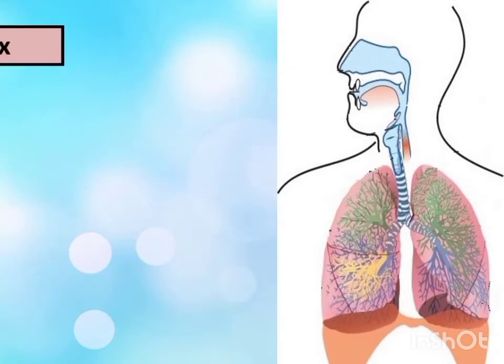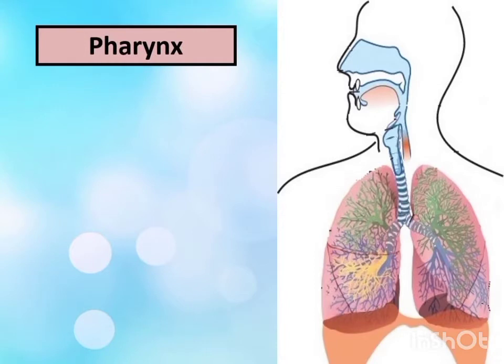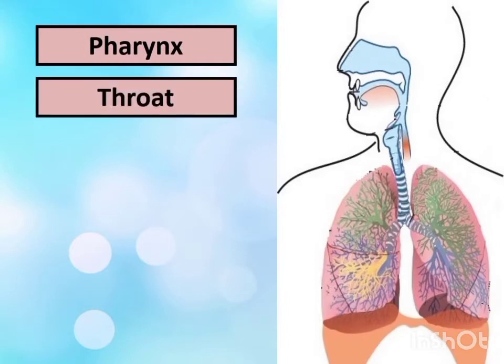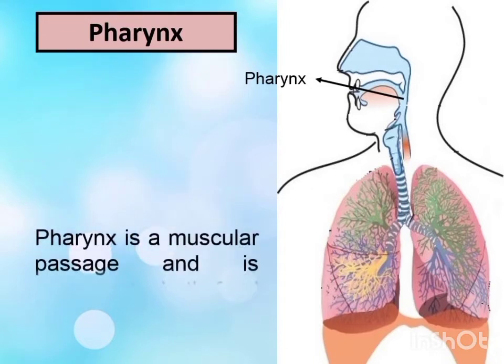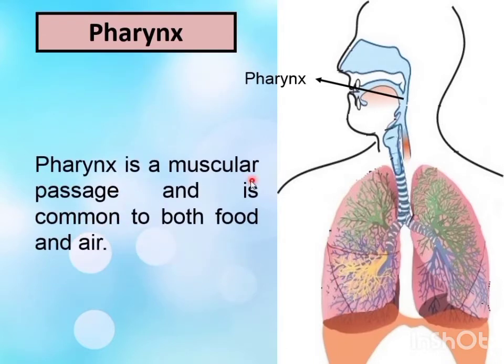Okay, the next part is pharynx. It is also called as throat. The nasal cavity opens into the pharynx by means of two small openings called internal nostrils. Pharynx is a muscular passage and is common to both food and air.